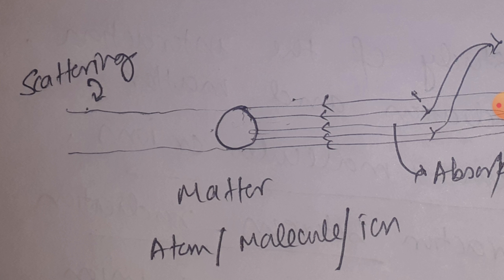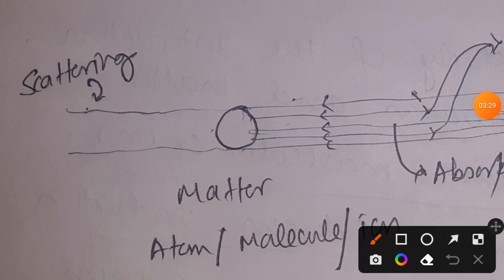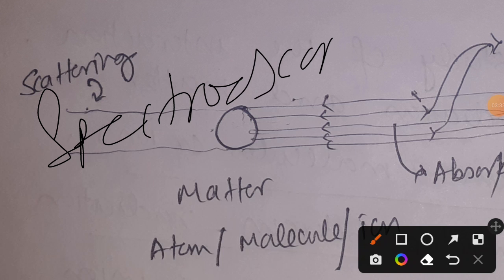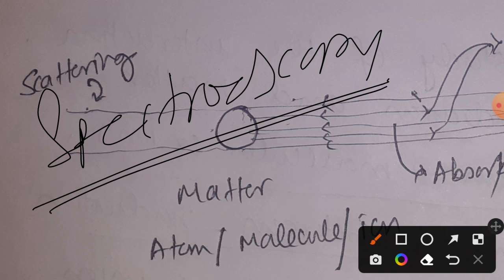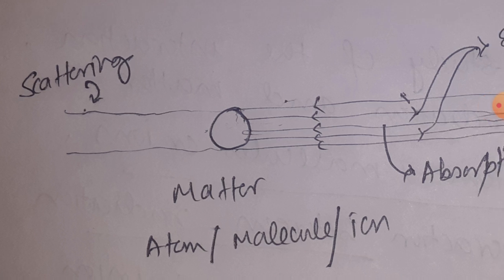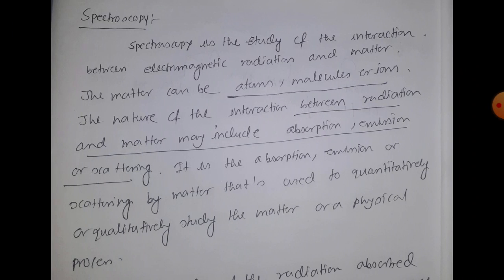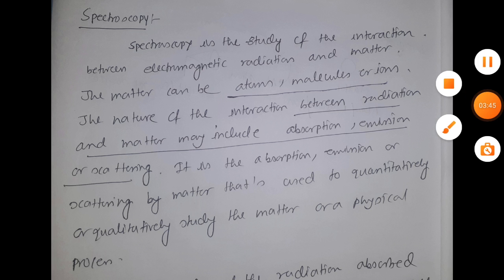That means spectroscopy is both a quantitative and qualitative procedure. With its help we can measure the concentration of DNA, protein or any other biological samples.